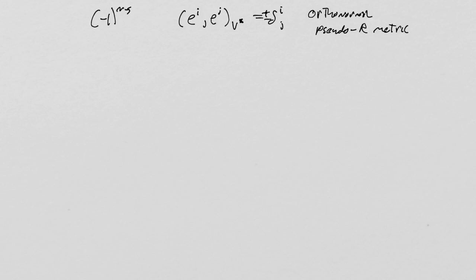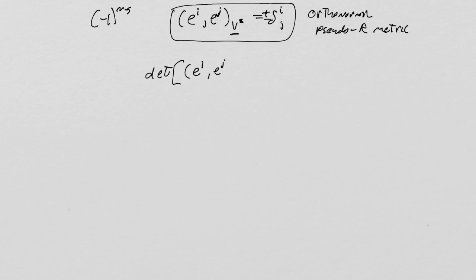So this is an expression of orthonormality: two basis vectors run through the inner product is going to either be 1 or minus 1, and the two indices have to be the same. So when I take the determinant of this expression, e_i, e_j, I'm asking for the determinant of a metric where I have 1, e_1, e_1, and then all of these off-diagonal elements are going to give me 0 because of this delta function.